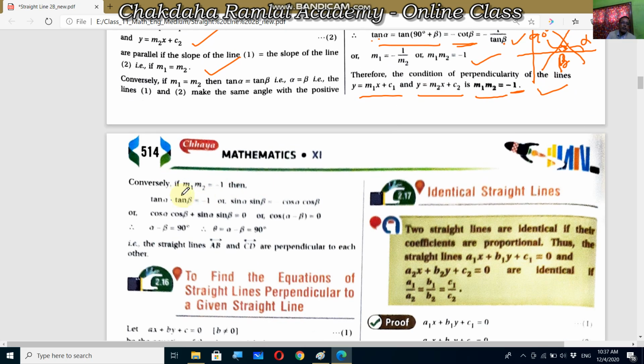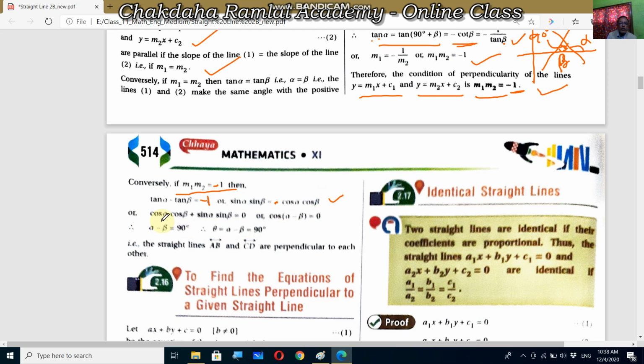Conversely, if M1 M2 is equal to minus 1, then tan alpha into tan beta is equal to minus 1, or sin alpha into sin beta is equal to minus cos alpha cos beta.